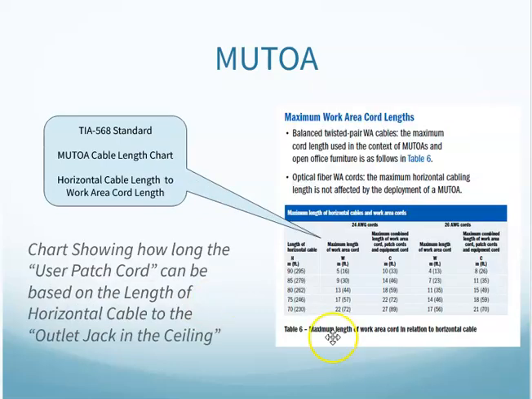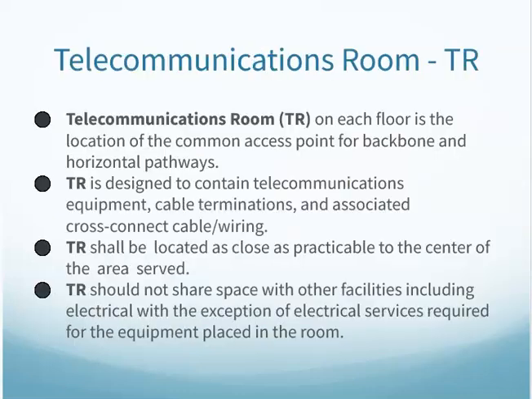And in the standard, they have guidelines on if the length of the horizontal run is this, your patch cable can be this long. The longer you make that patch cable, the shorter the horizontal cable run has to be to make sure the signal works. But that allows for wiring up a cubicle type environment where things move around a lot.